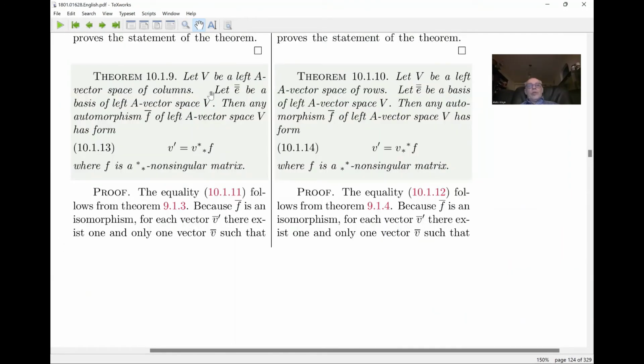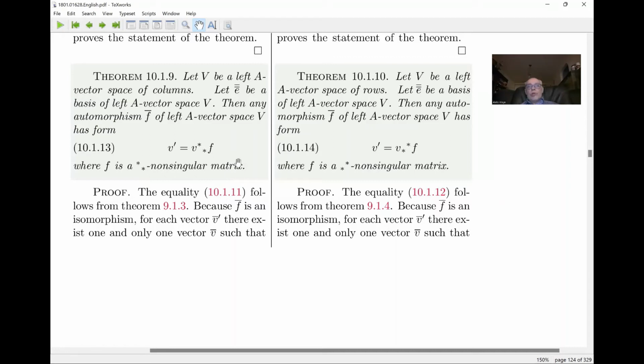Let V be a left A vector space of columns. Let E be a basis of the left A vector space V. Then any automorphism F of the left A vector space V has form 1.13, where F is a CR non-singular matrix.